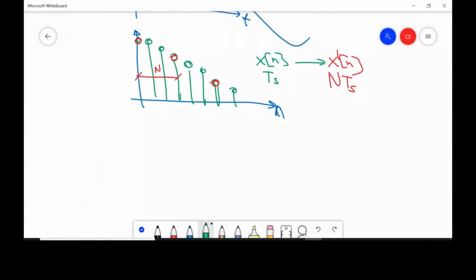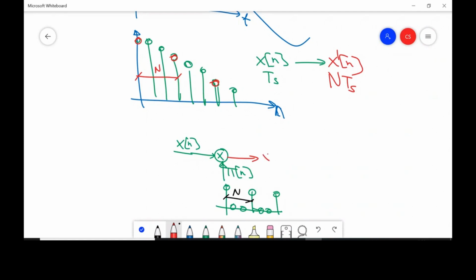So we have a signal that is x of n, that is multiplied by a train of impulses, but now this is pi of n, and the separation of this is n now. And we produce a new signal, that is the red one, that is x prime.